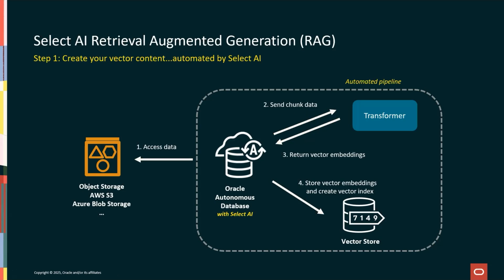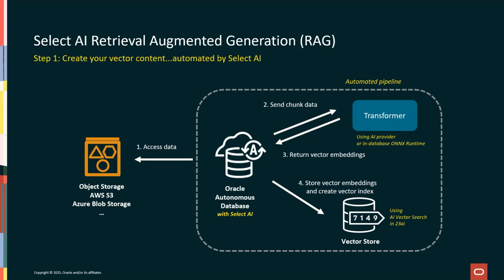Since our vector store is in the database, we only have one database, the autonomous database. You can also use a separate AI provider, or you can load an ONNX format transformer to use the in-database ONNX runtime. This is one of the features of Oracle Machine Learning, and it is also exposed with AI Vector Search.